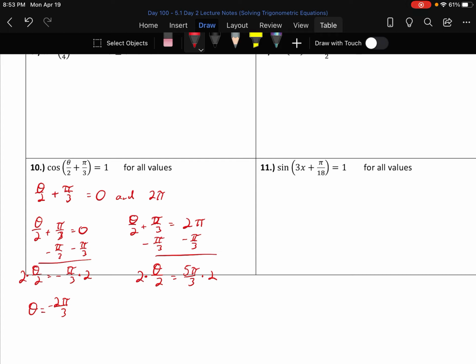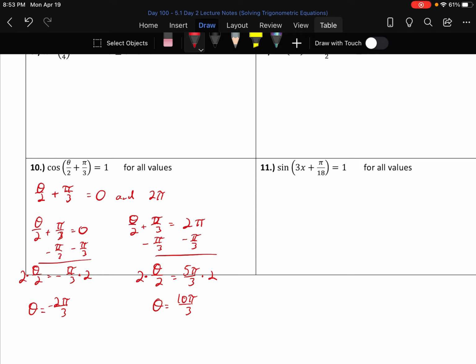And then this one would end up being 10 pi over 3. So those would be your solutions.